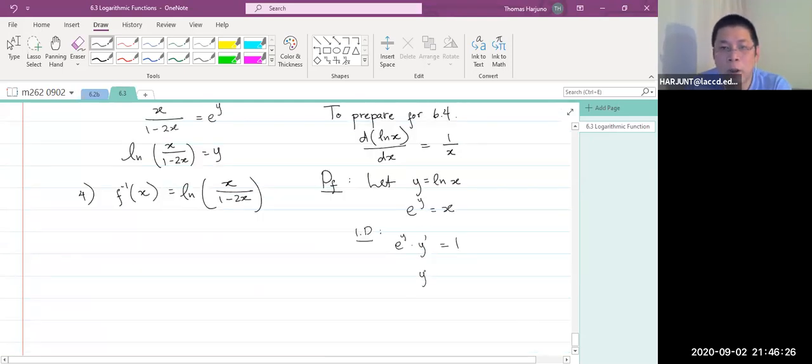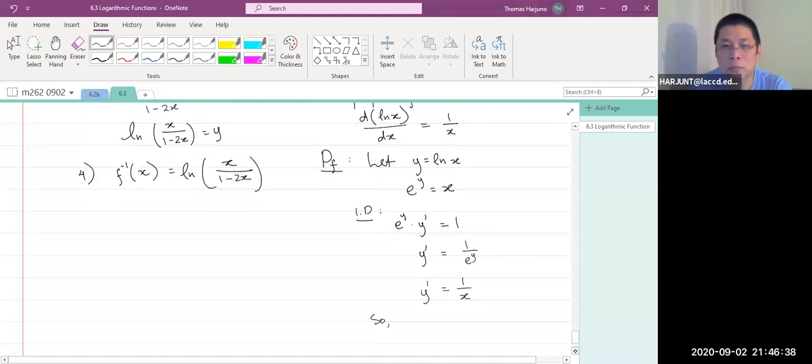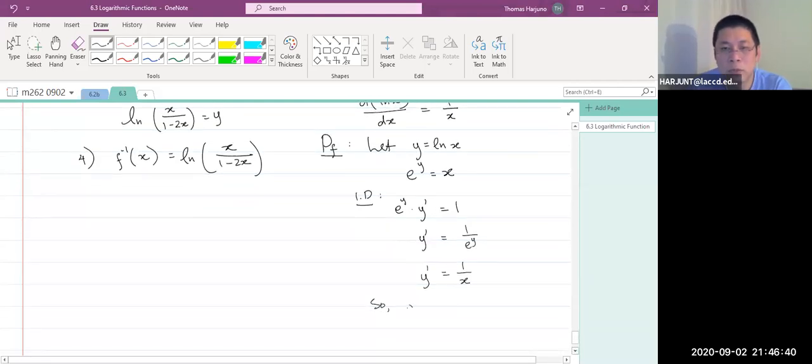So y prime equals 1 over e to the y, which is 1 over x. So the derivative y prime is dy/dx, that's d of natural log of x with respect to x equals 1 over x.